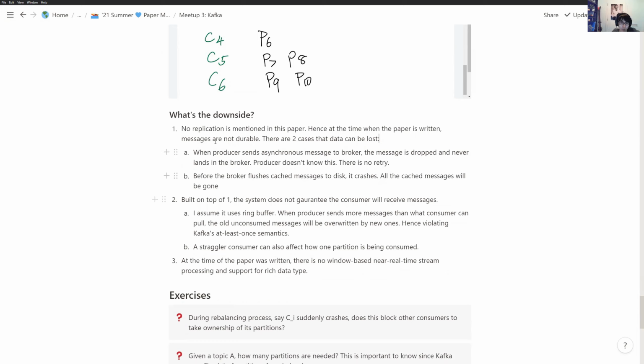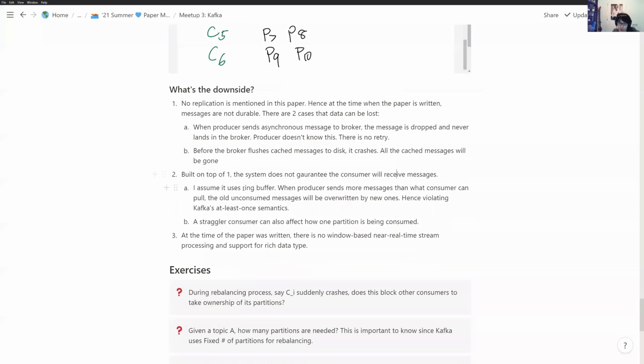And building on top of the first point, the system doesn't guarantee the consumer will receive a particular message. I assume it uses a ring buffer because otherwise, if the log grows too big, bigger than what the node can handle, bigger than the disk, it will cause some problems, right?